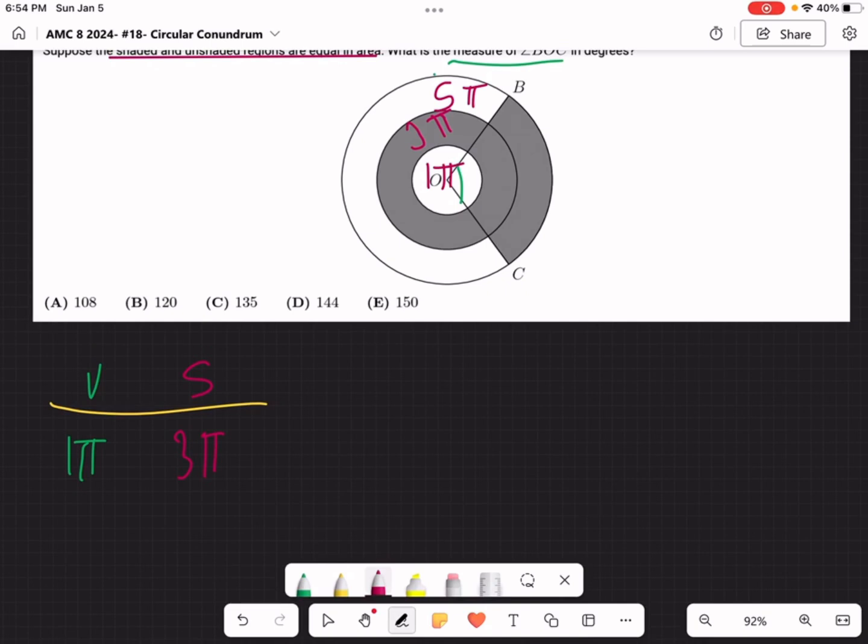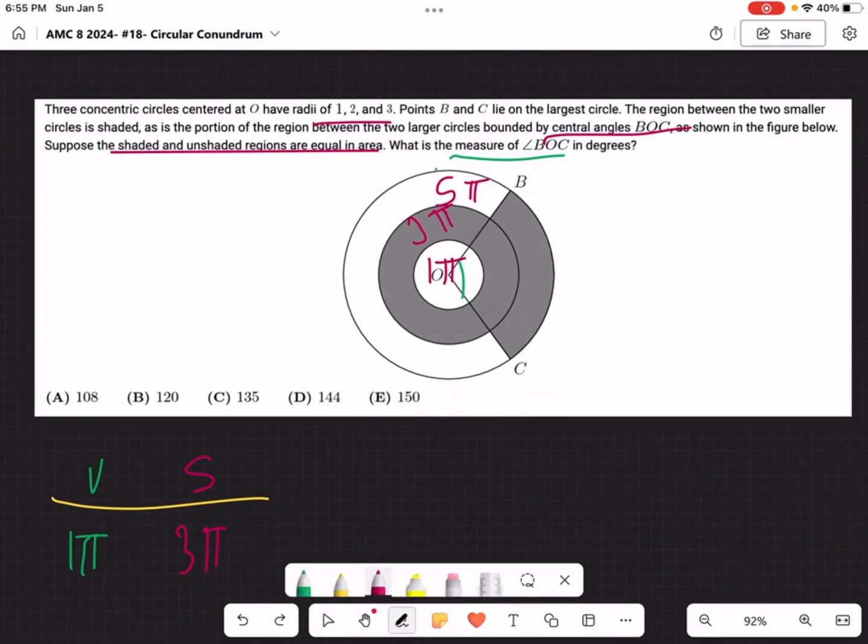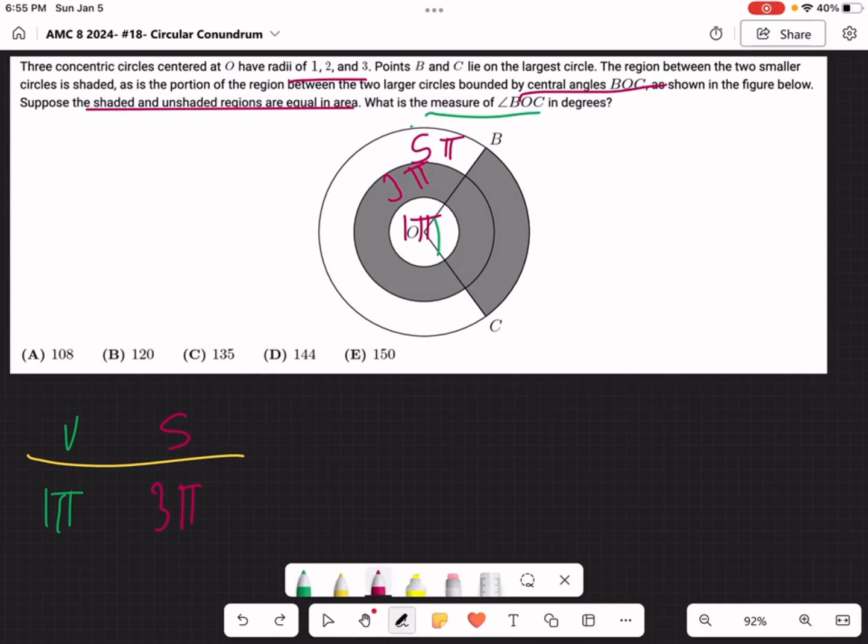But now, how can we find the area of this using this? Well, the key thing, once again, like many of my other videos, is we just have to put this into an equation. We know that shaded and unshaded regions are equal in area, so we can write an equation for that. Actually, let's do shaded first, it's pretty simple.